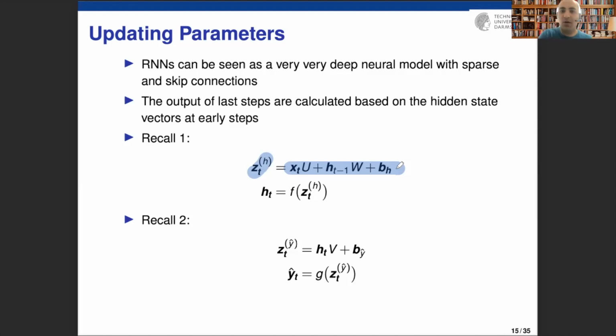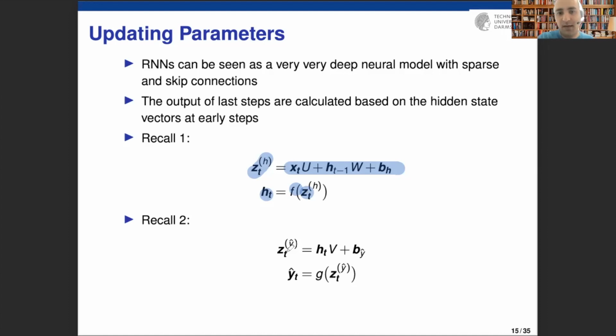and we present this combination by zt, then ht is a nonlinear form of zt, right? So it's like a rectified linear unit, or sigmoid or hyperbolic tangent of zt.